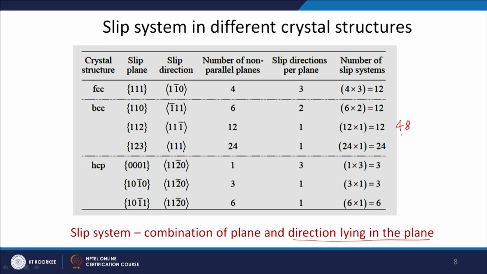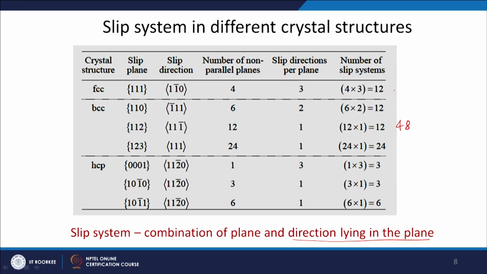Though it appears there are more slip systems available in BCC, you have to keep in mind that these are not the close pack planes. So, though their number is high, they are still not as effective as these 12 in the FCC system. In HCP, of course, the basal plane will be a close pack plane, and the 11/20 direction will be the close pack direction.